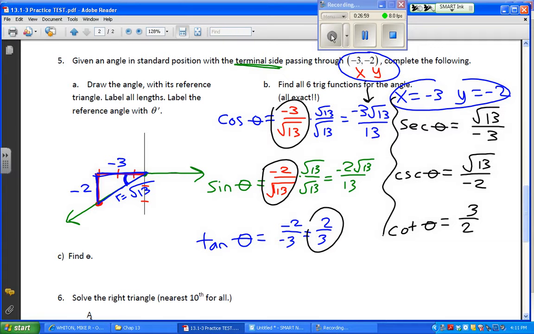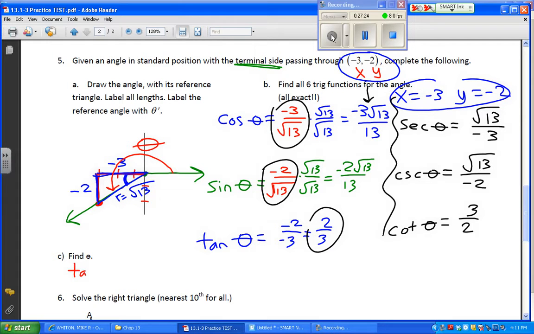Okay, now part C wants to know what is theta, how big is the angle. So the actual angle is this. How big is that? What we could do there is use an inverse trig function.